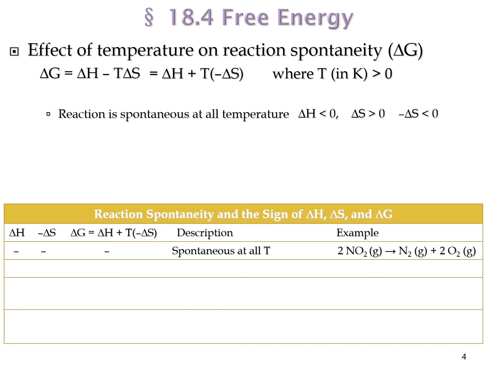Because this decomposition reaction releases heat. It's exothermic. By looking at the reaction, we start with a smaller amount of gas and end up with a larger amount of gas particles. That is a standard case for an increase of entropy.